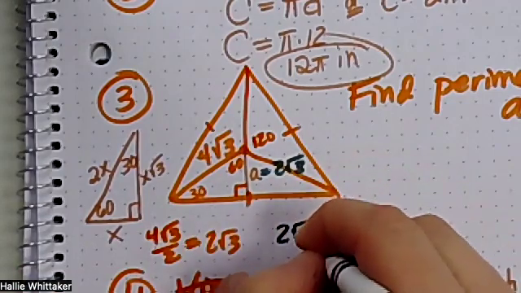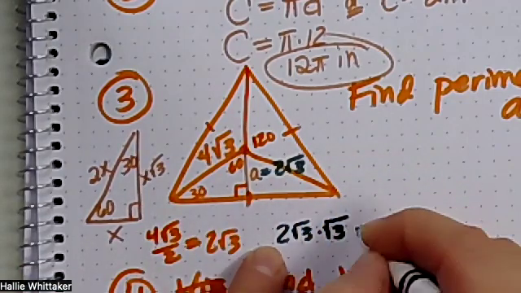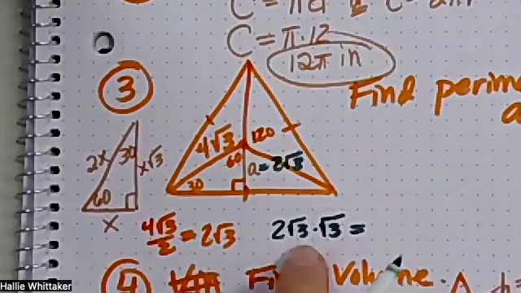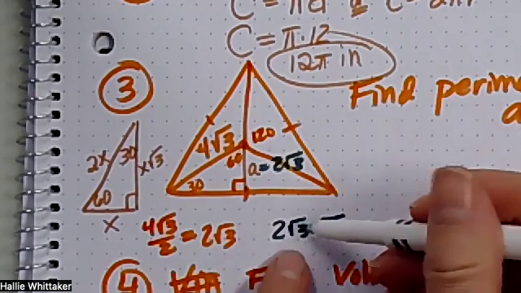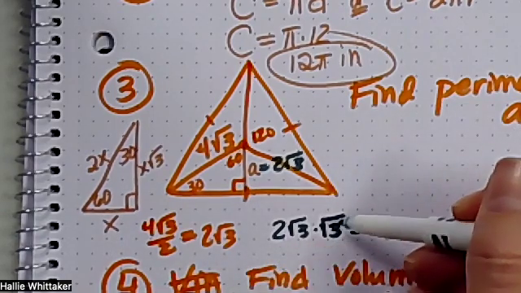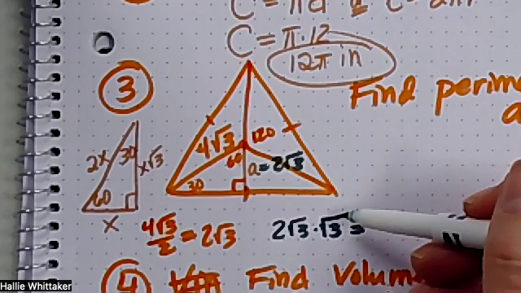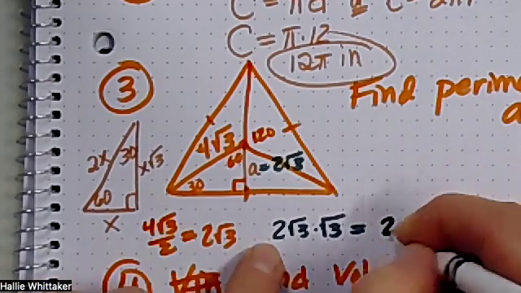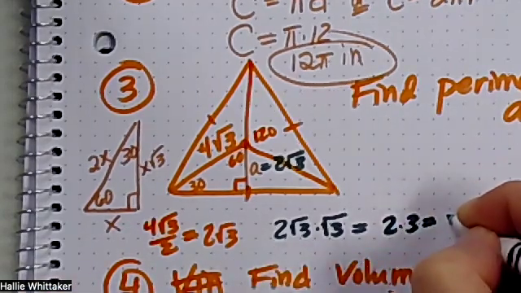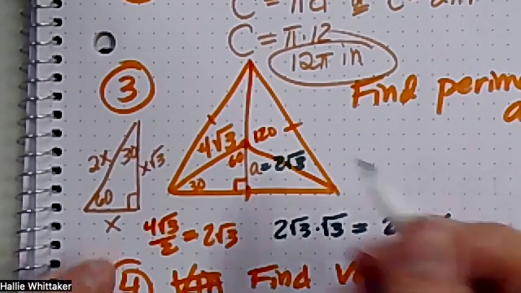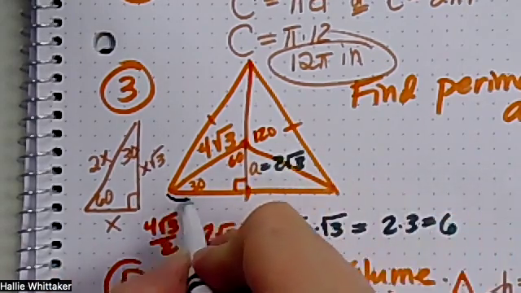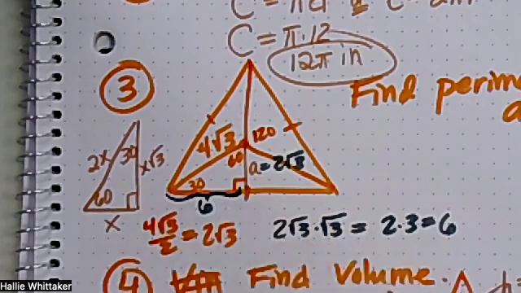Now, what is 2 square root of 3 times square root of 3? What's square root of 3 times square root of 3? 3. Or the square root of 9 is 3. So either way, 2 times 3 is 6. Nice. So this section right here is 6.